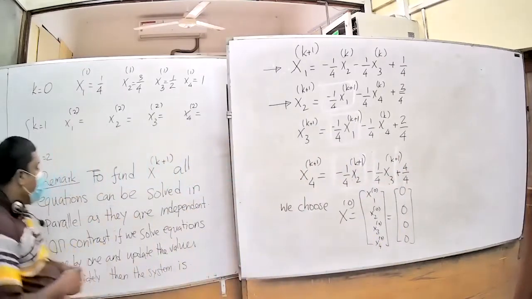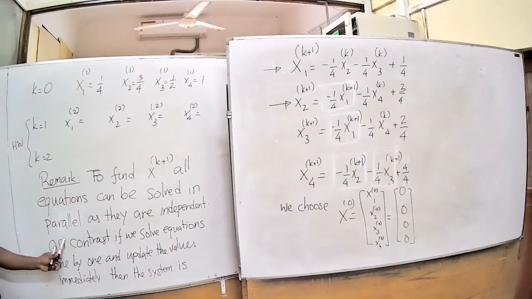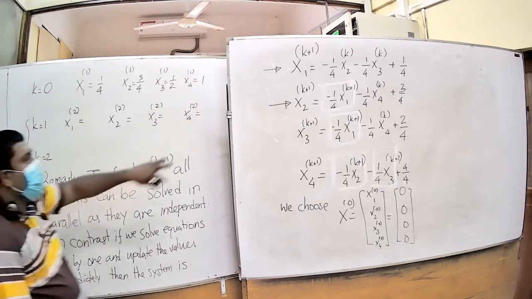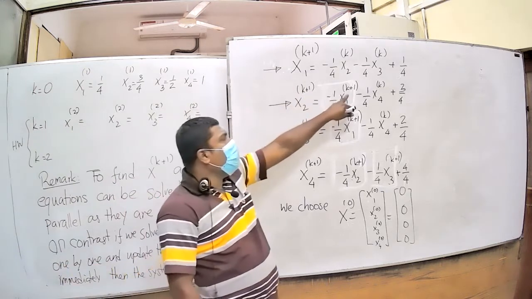So in contrast, if we decided to solve the equations one after another, and then update whatever value we computed already, then the equation will be changed according to this.